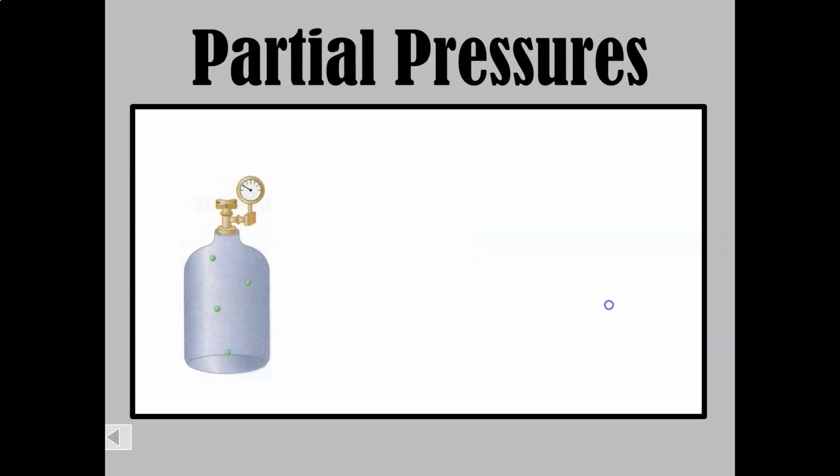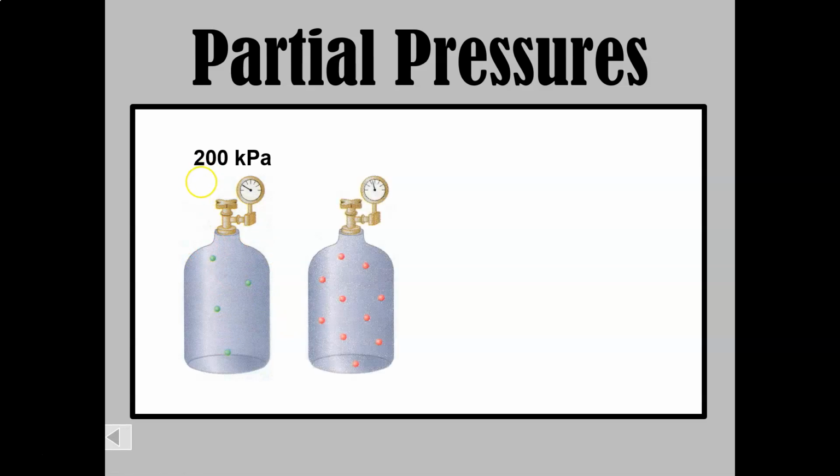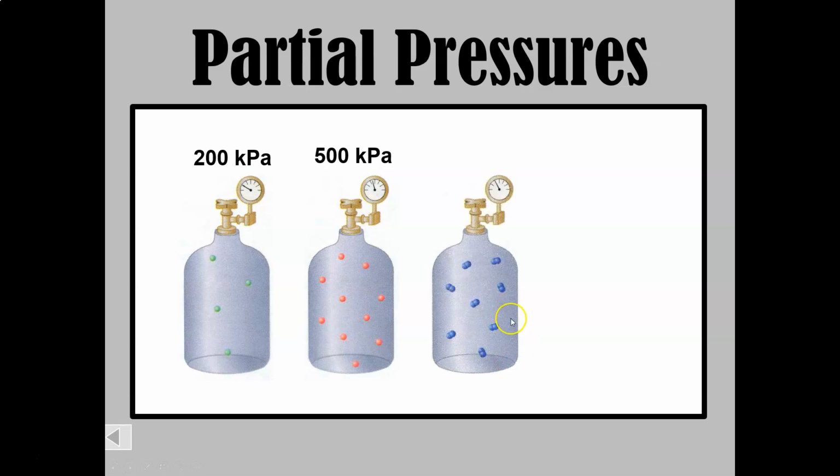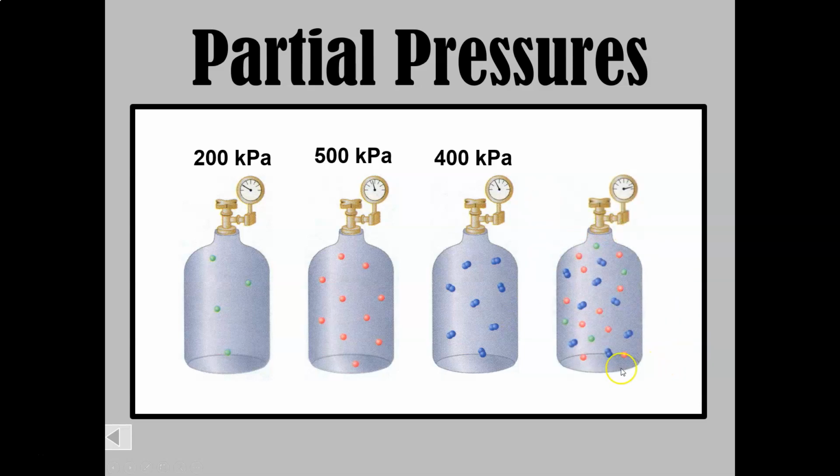So let's look at partial pressure a little bit. I have a canister of gas. These molecules are bouncing around and they are exerting 200 kilopascals of pressure. I have another gas. This one is exerting 500 kilopascals of pressure, a little bit more pressurized. This container is under 400 kilopascals. If I'm going to combine them all into one container, I'm not changing the temperature, I'm not changing the size, all I'm doing is putting them into the same size container.